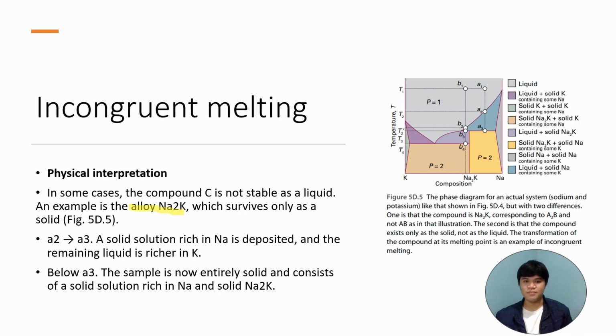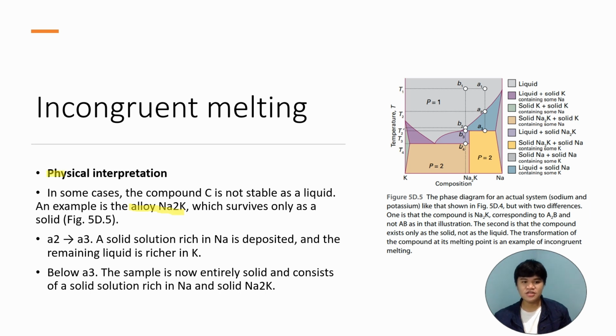Look at the diagram. The diagram shows an example of a compound transformation, a reaction of a liquid phase and a solid phase to form a second solid phase during cooling. This diagram also explains that Na2K exists only as a solid but not in a liquid phase.